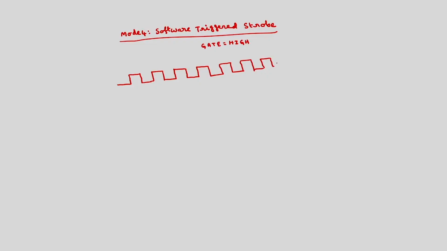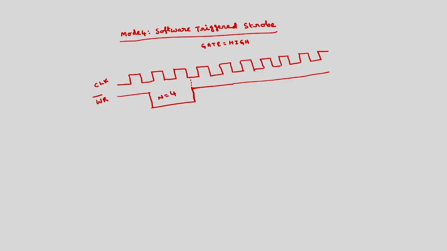This is the clock signal. If I take n equal to 4, this is the clock, I can use any of the counters, this is the write bar signal.